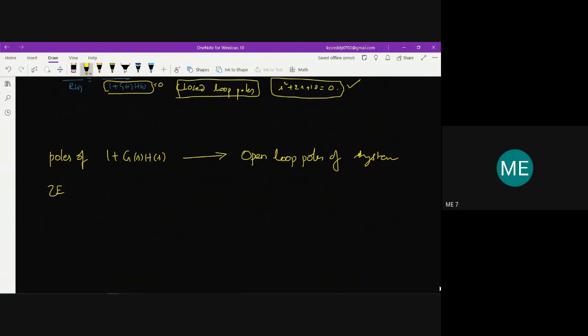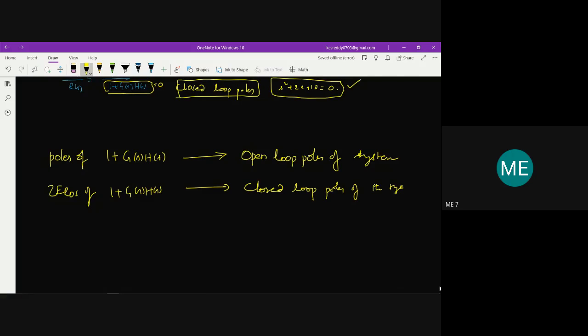If I want the zeros of 1 plus g of s into h of s, then they are equal to the closed loop poles of the system. This is a very important conclusion from these two examples.